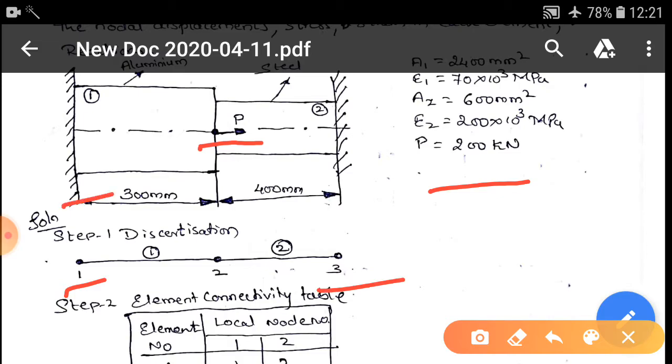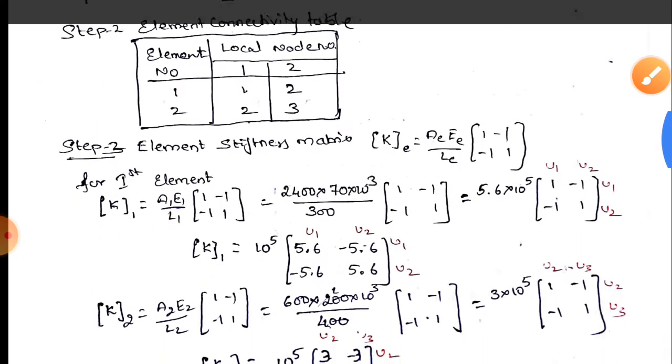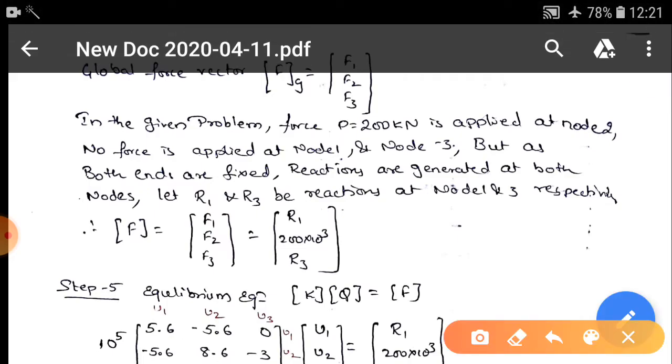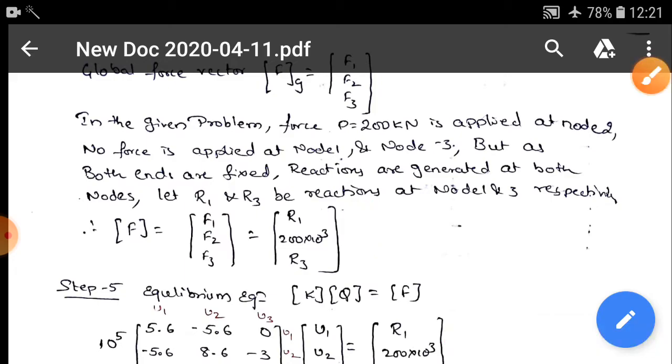There is no force applied there, but reactions are generated at both nodes, R1 at node 1 and R3 at node 3. So our global force vector has F1 as R1, the reaction force generated at that point, F3 as R3, and F2 is the load applied, 200 kilonewton.